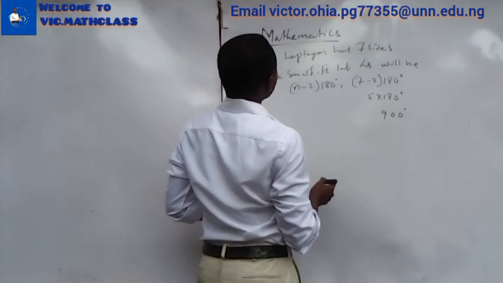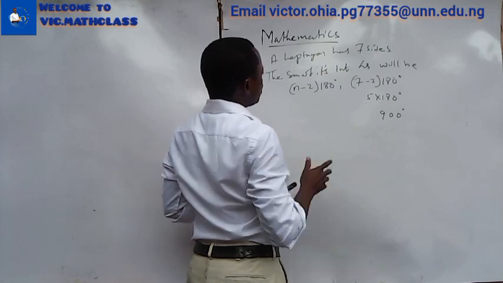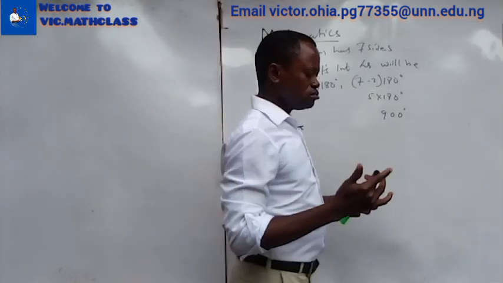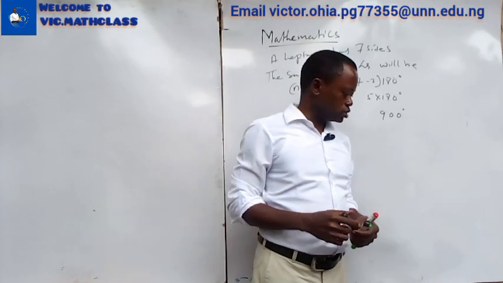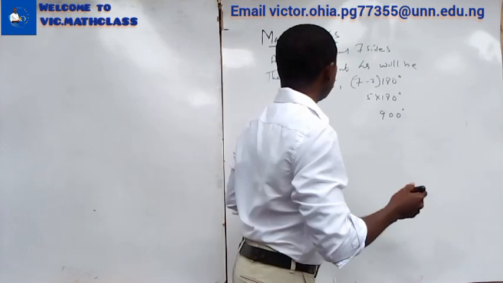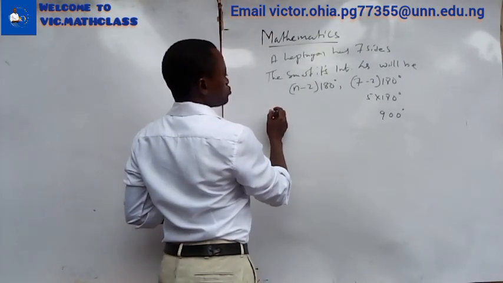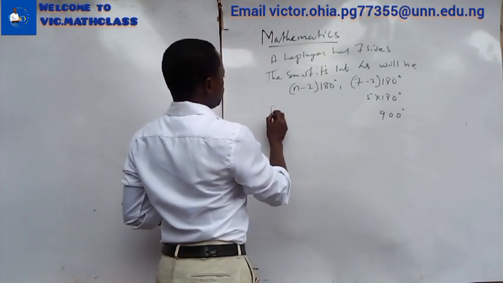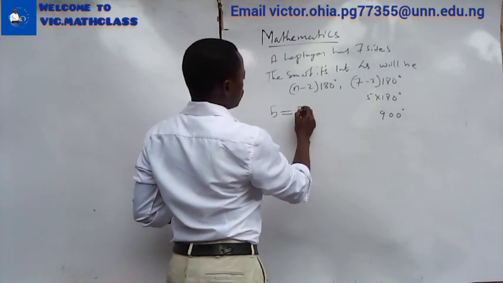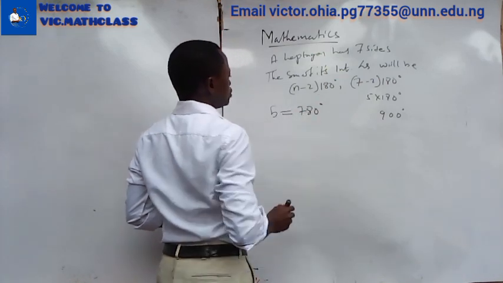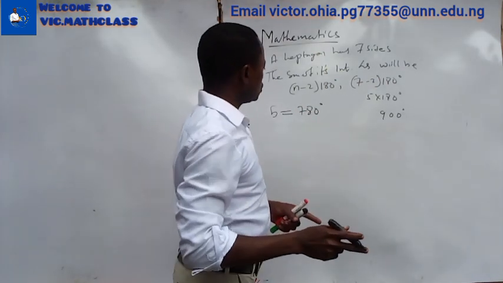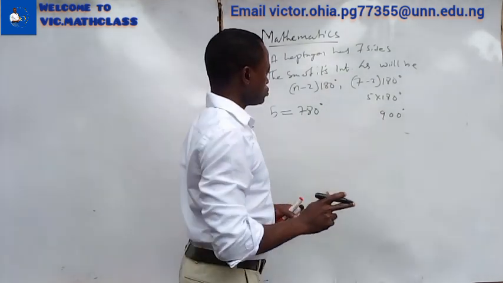900 degrees. But they told us that the sum of 5 of the angles in that heptagon is 780 degrees. So the remaining two, they're asking us what is the size of each.